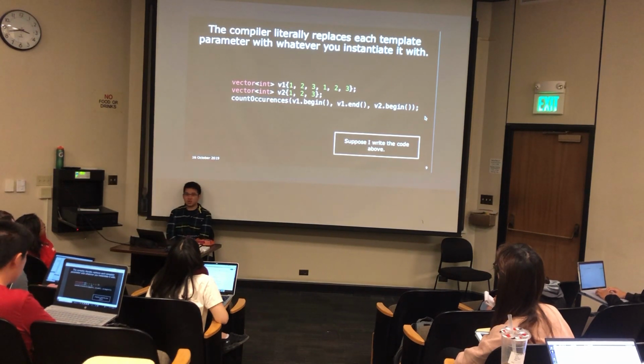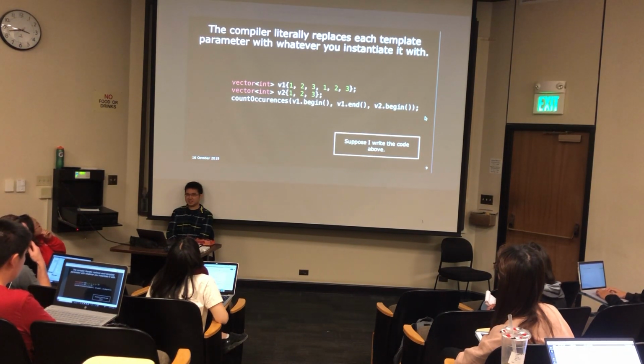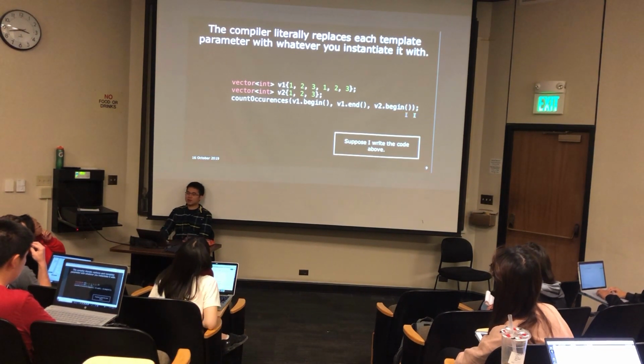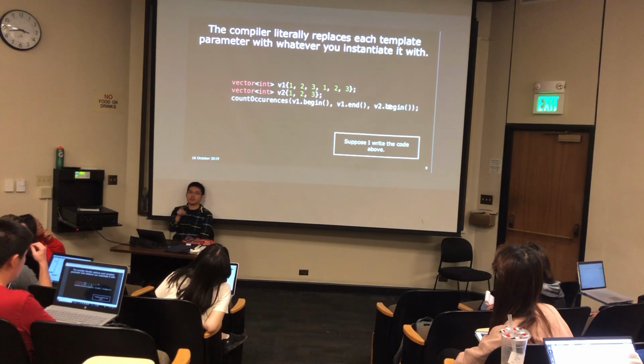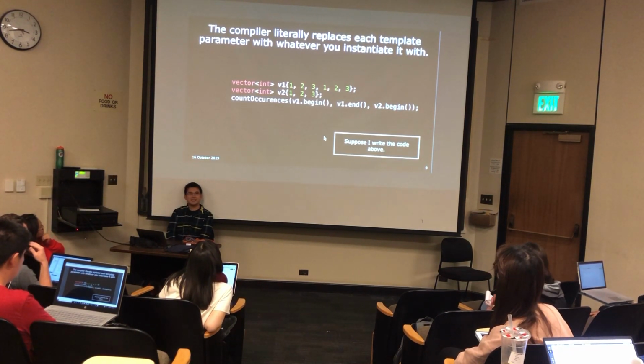What's wrong with this code? Let me say what I'm trying to do. I'm trying to count how many occurrences are in v1 of the first element, because begin is an iterator to the first element, right? Why doesn't this compile?